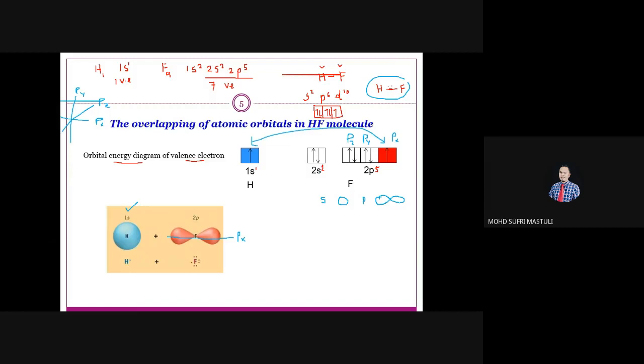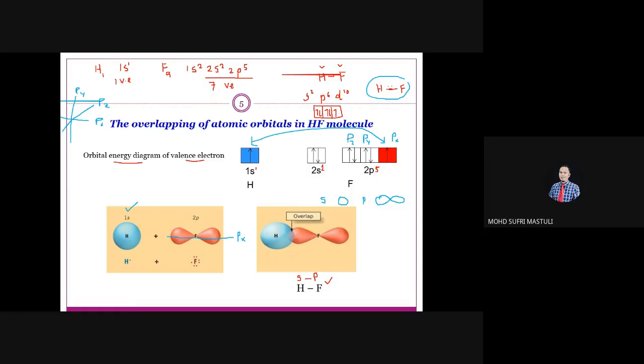But for this particular example, the combination of the hydrogen with the fluorine is between the s orbital and the px. So when we overlap to form this molecule, hydrogen fluoride, it should be between the s and the p orbital, which is a px.